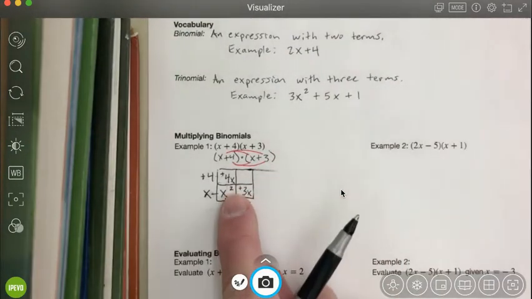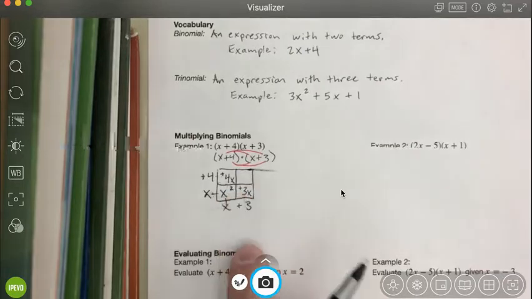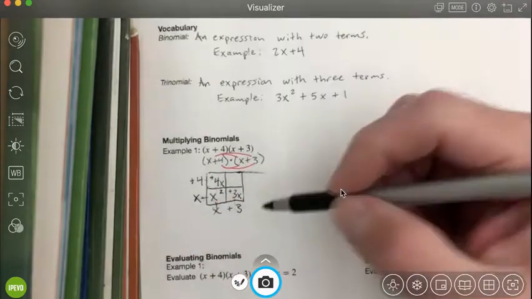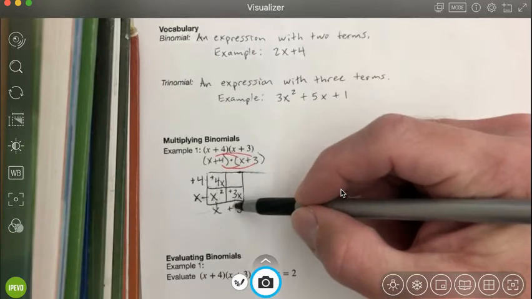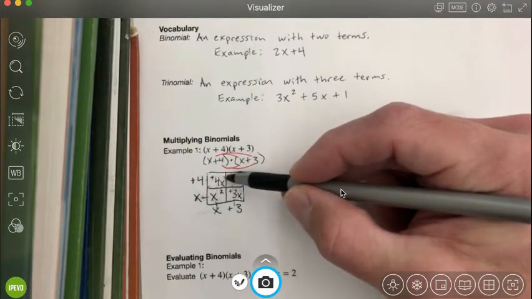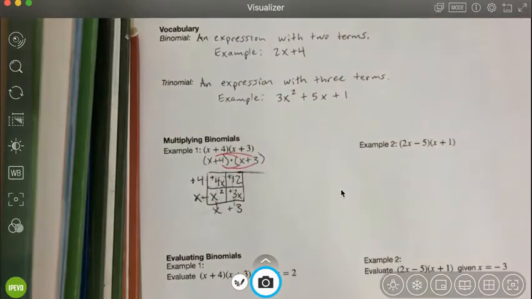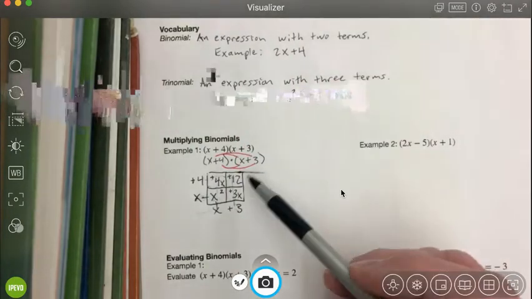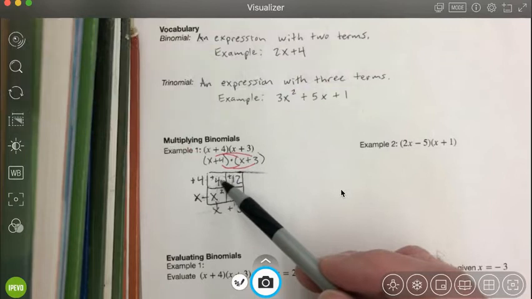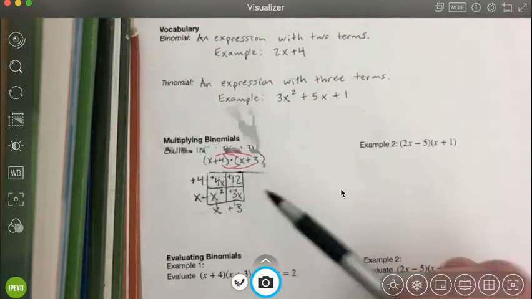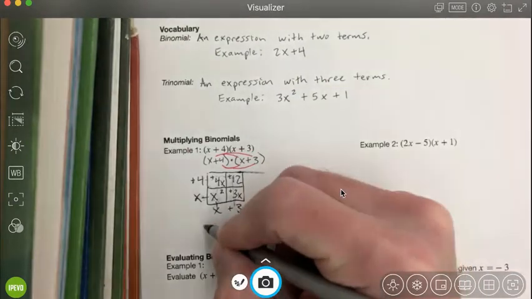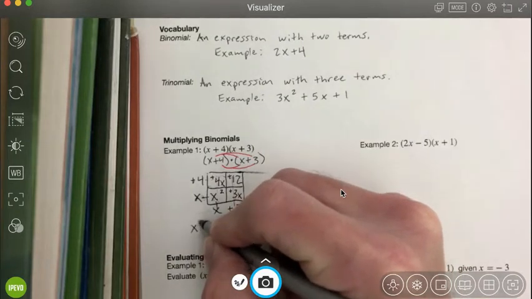You'll understand why I'm doing this plus in the next problem. And then finally, this last quadrant is positive 3 times positive 4, which is positive 12. All right, so in my box now, I have an x squared, a positive 4x, a positive 3x, and a positive 12.